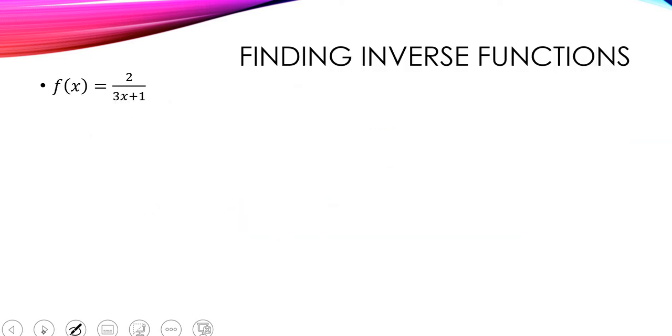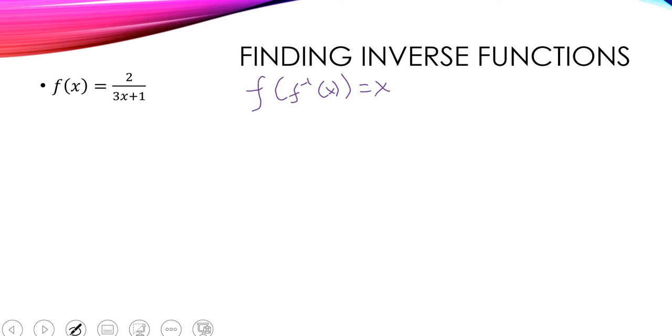Now, if we want to find an inverse, there are a couple of ways to do this. Finding an inverse function means that I want the function that undoes the other function. I know the fact that f of f inverse of x has to equal x. So for this function, I'm going to do the composite.